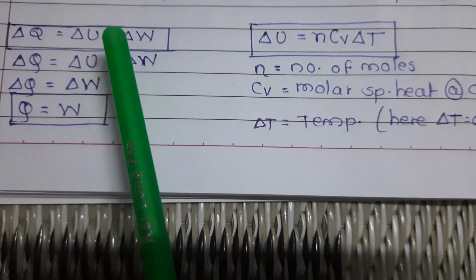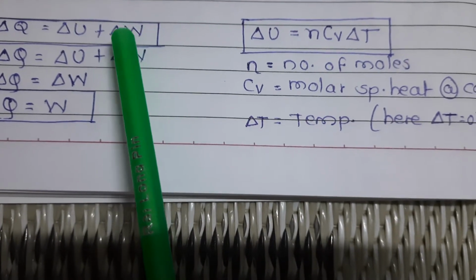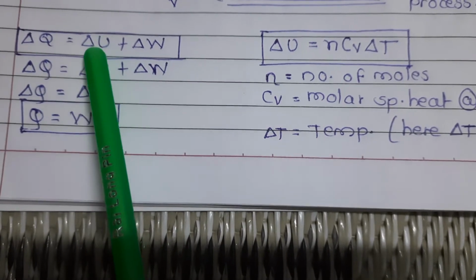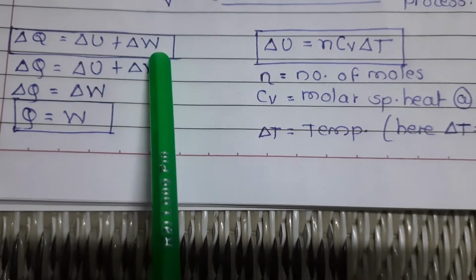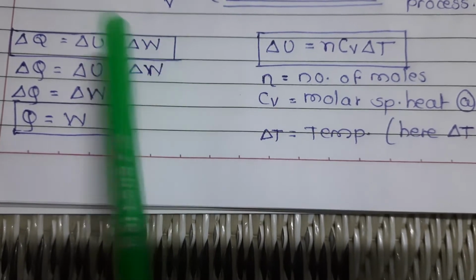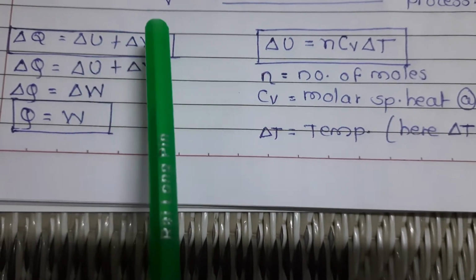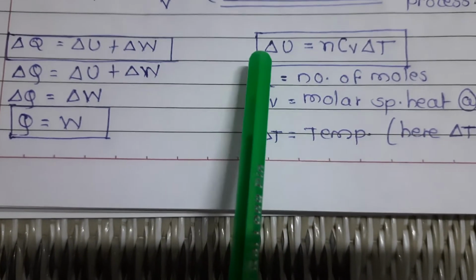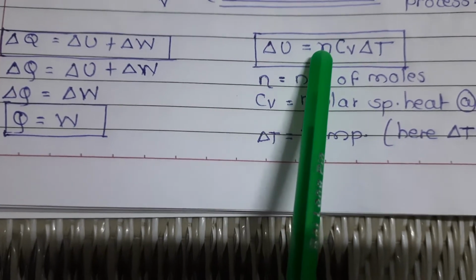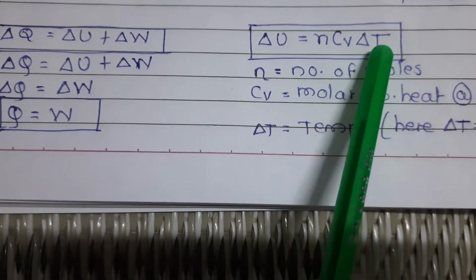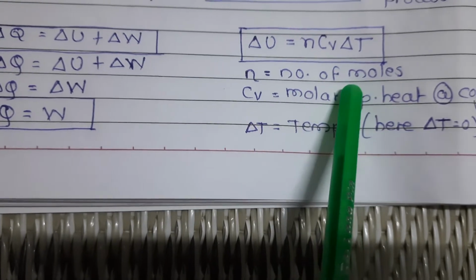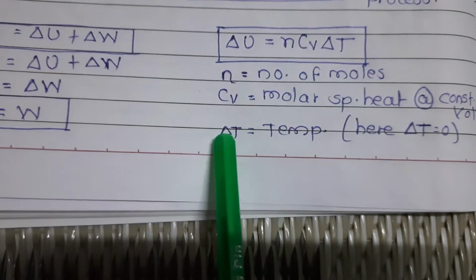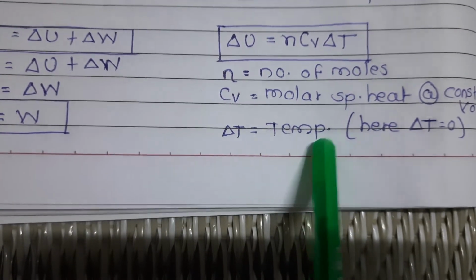Now see this equation for the same process. We can write Q is equal to delta U plus delta W. Delta U is internal energy, delta W means work done. We know that delta U is equal to n Cv delta T: n is the number of moles, Cv is the molar specific heat at constant volume, and delta T is the temperature change.